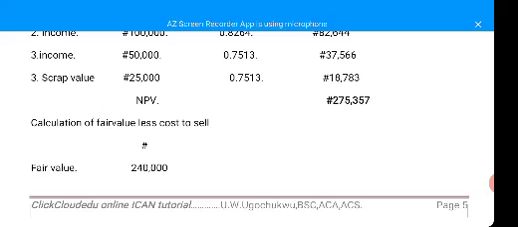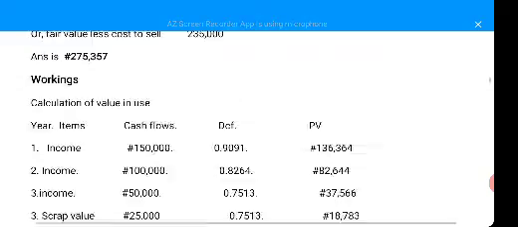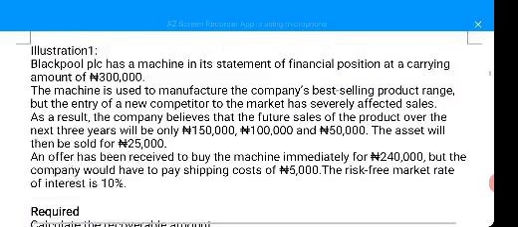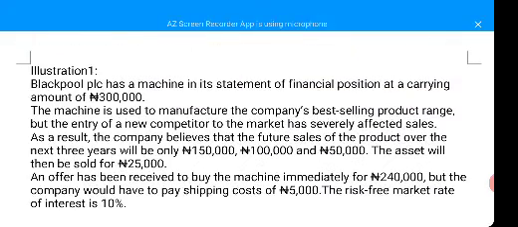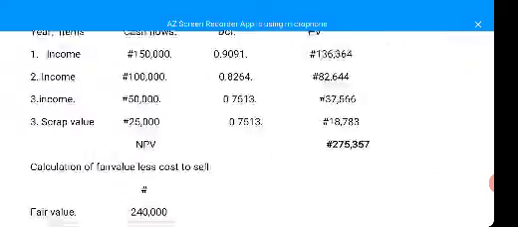Now, what is your fair value less cost to sell? You are told that an offer has been received to buy the machine immediately for 240,000 naira, but the company would have to pay shipping costs of 5,000 naira. So the amount at which the asset will be purchased in the market is 240,000, which is your fair value.